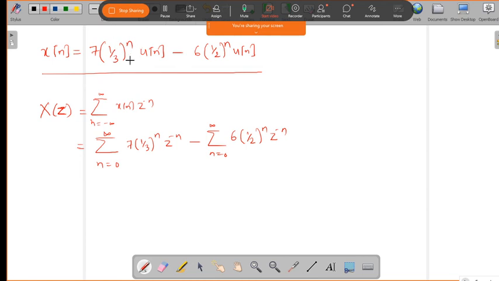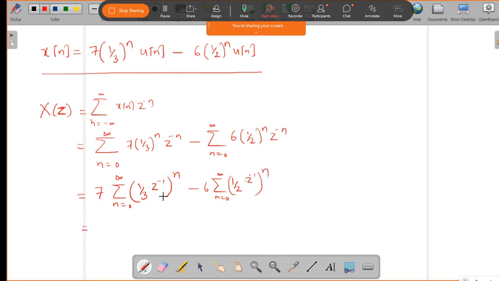Now you split the signal x of n and you can rewrite it like this. We can write this as 7 summation n equal to 0 to infinity, 1 by 3 into z power minus 1, whole power n, minus 6 summation n equal to 0 to infinity, half into z power minus 1, whole power n.